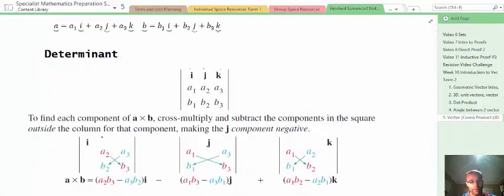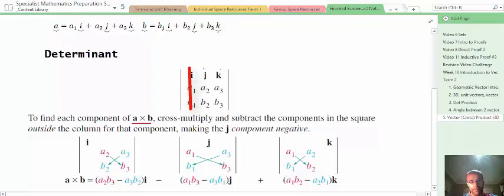To find the resultant of A cross B, we go through the determinant process. So we'll have three sets of values that we do various operations on. First thing you do is imagine if you put your finger on i and then you also covered up everything that's in column i and also in i's row.